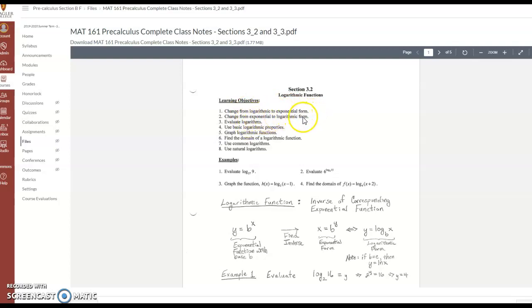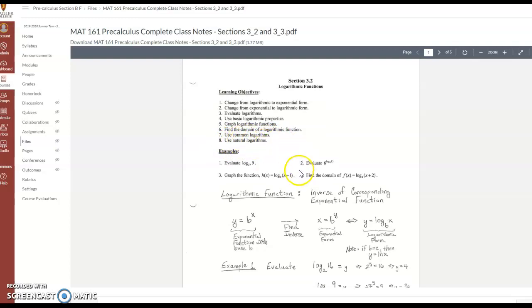I want you to understand how to evaluate logarithms, use basic properties of logarithms, which are very important in calculus, so make sure you pay attention to these. We want to make sure we can graph logarithmic functions, find the domain, and use common and natural logs. Common logarithms are base 10, natural logarithms are base e.